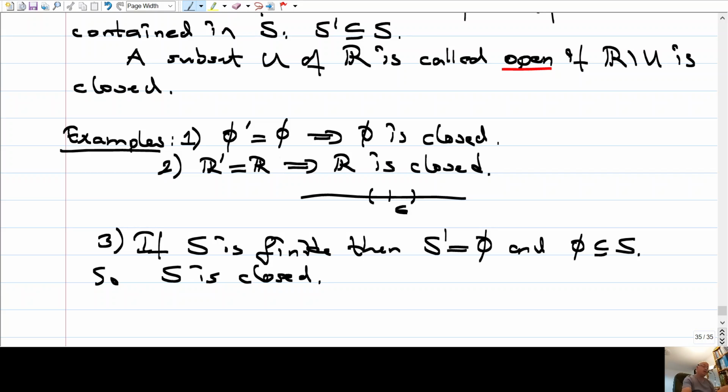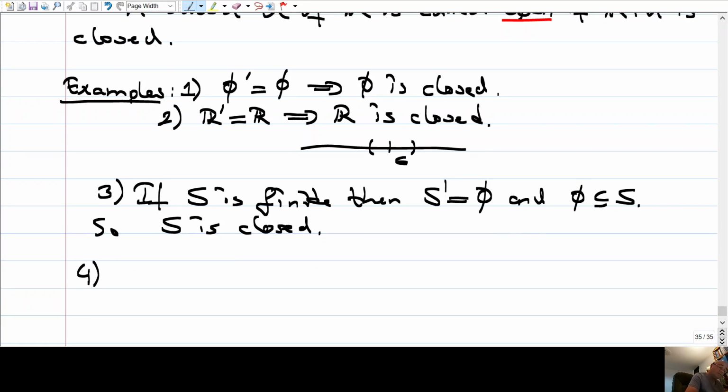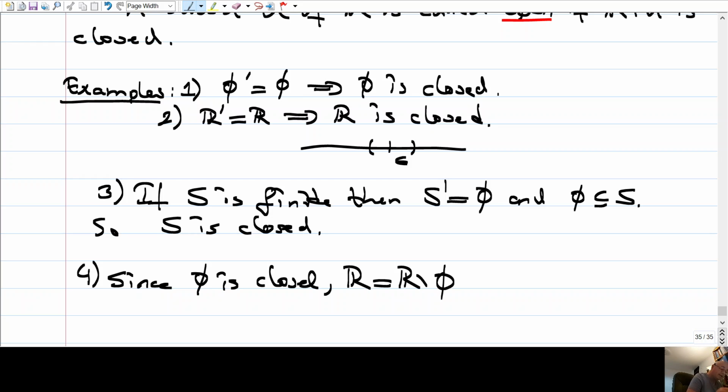So these sets are closed, but we know what? If a set is closed, then its complement is open. Since the empty set is closed, its complement R, which is R minus the empty set, is open. Therefore, the set of real numbers is both closed and open.